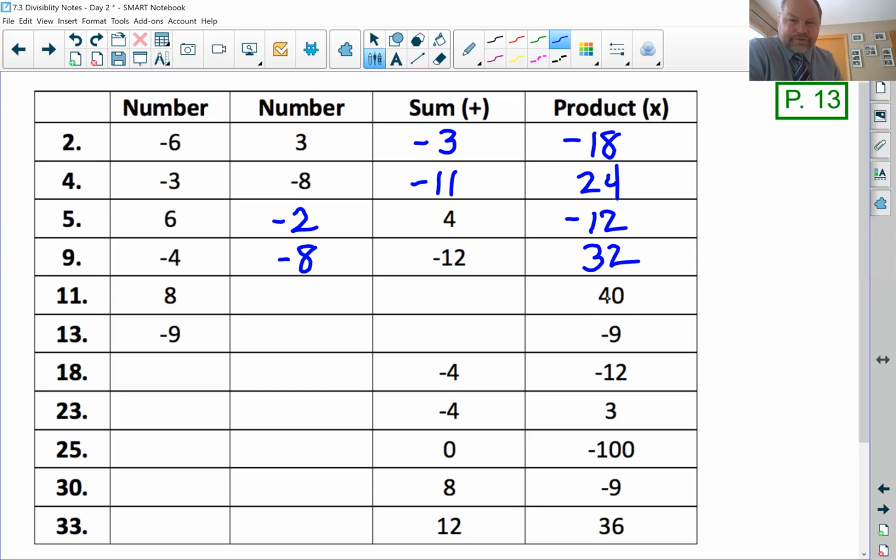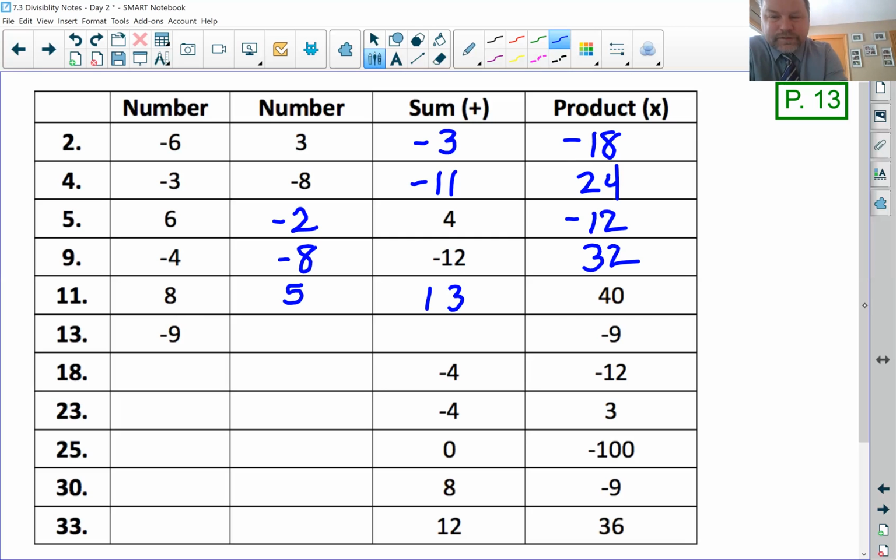Or maybe an easier way to think about it, what is 40 divided by 8? All right, excellent. 5, good. And then 8 plus 5, that gives me 13.